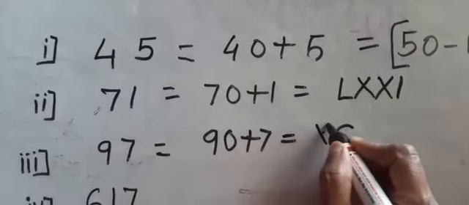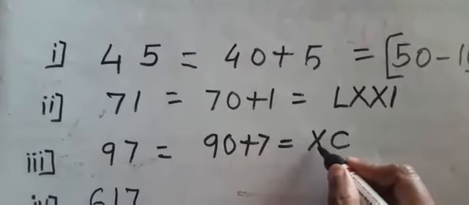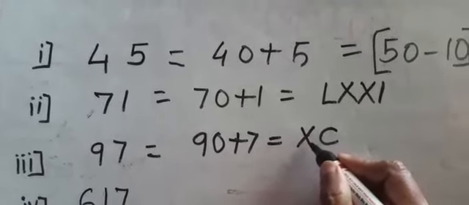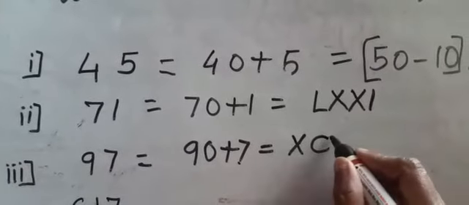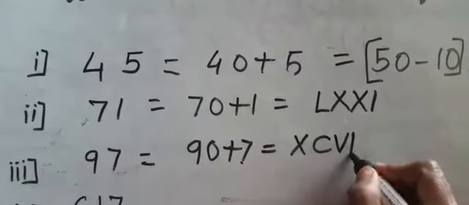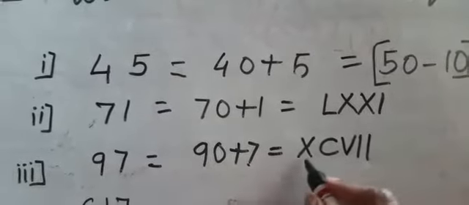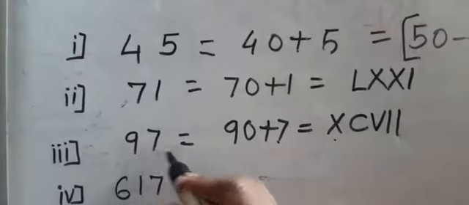If I write X here, it means from 100 I am subtracting 10. So 100 minus 10 gives me 90. Again we don't have a sign for 7, but we have a sign for 5, so I can write V, and for 7 I write I two times. So XCVII shows the value 97.